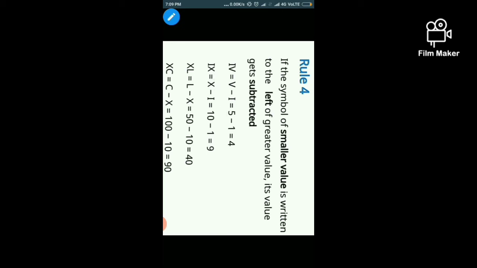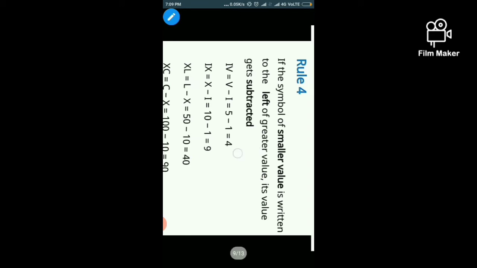V minus I is equal to 5 minus 1 is equal to 4. IX, I is the smaller value symbol, X the greater value symbol, so the value of I is subtracted here. X minus I is equal to 10 minus 1 is equal to 9. You can see two more examples also. So hope it is clear to all of you.